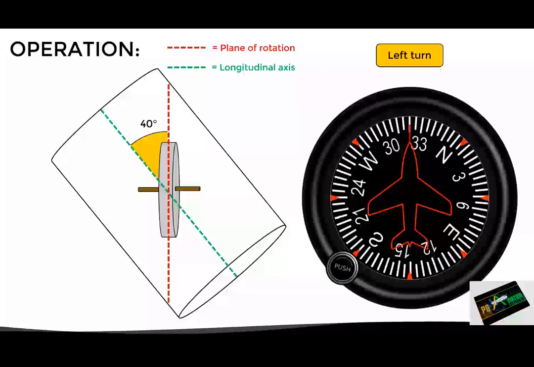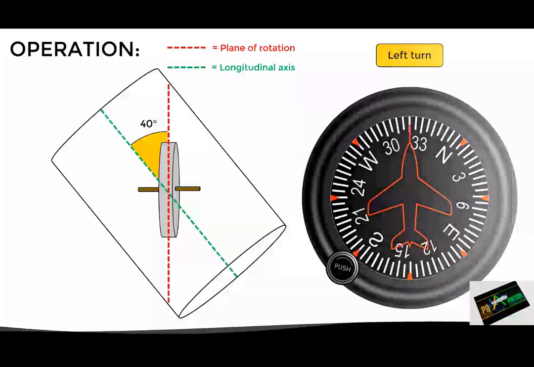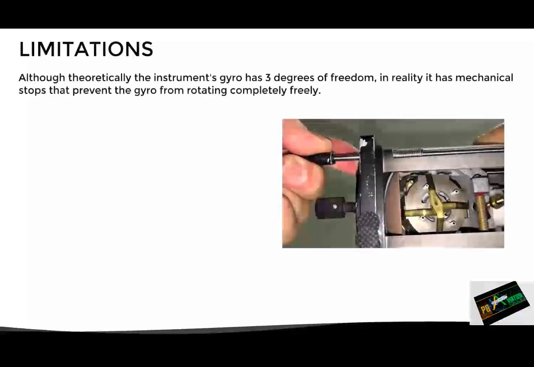Now, as with other instruments, the heading indicator is not perfect, and therefore it has certain limitations. Although theoretically the instrument's gyro has 3 degrees of freedom, in reality it has mechanical stops that prevent the gyro from rotating completely freely.